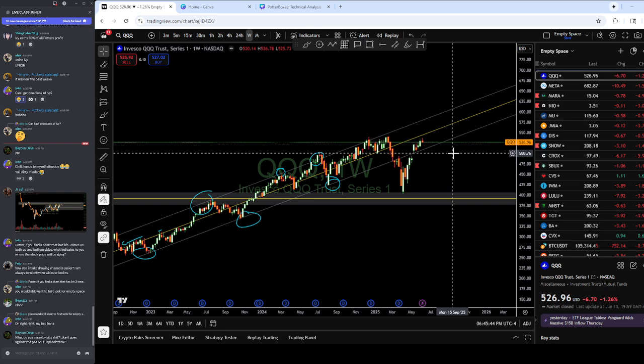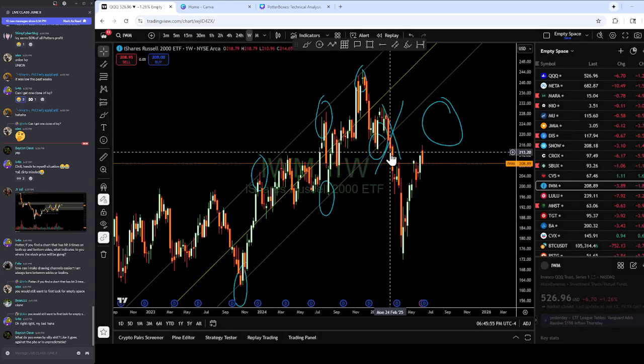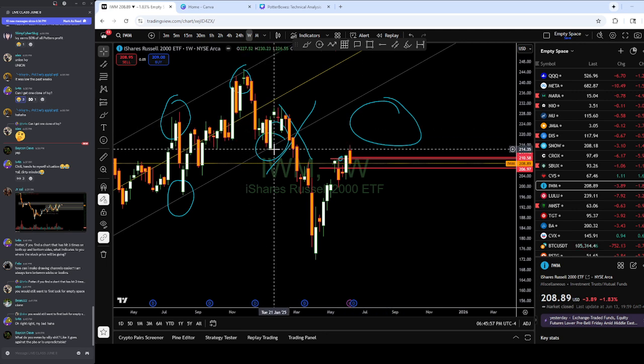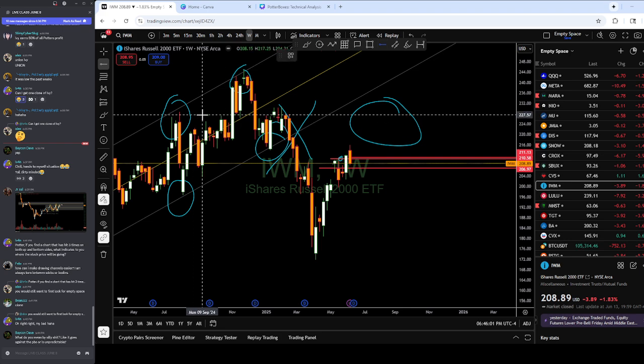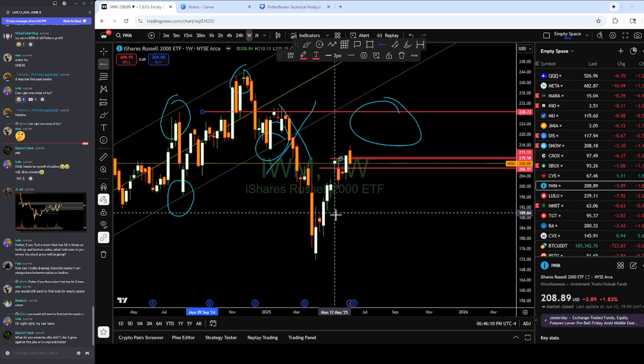But at the moment, silly shit for me is typically when you hit that third, you're not always going to get an immediate straightforward move, and that's really observable on IWM. You do hit it for the third, you do bounce, but you fail to reclaim anything above you, which then shows that buyers are obviously unwilling to grab the price above them. They get exhausted, they fall, it goes for the fourth, and it breaks.